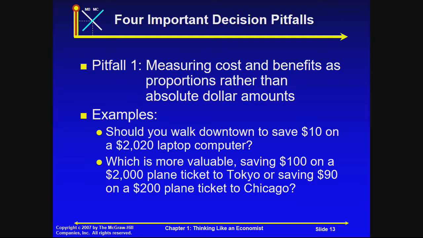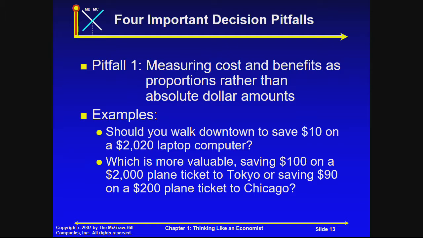Proportions or percentage versus absolute value. For example, we ask you this question: should you walk downtown to save $10 on a $20 laptop computer? And then the next question: which is more valuable, saving $100 on a $2,000 plane ticket to Tokyo or saving $90 on a $200 plane ticket to Chicago?